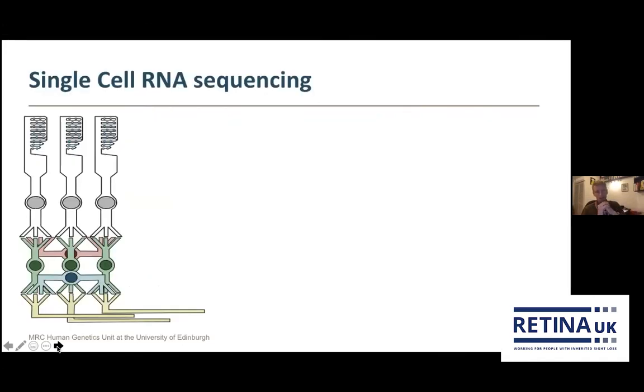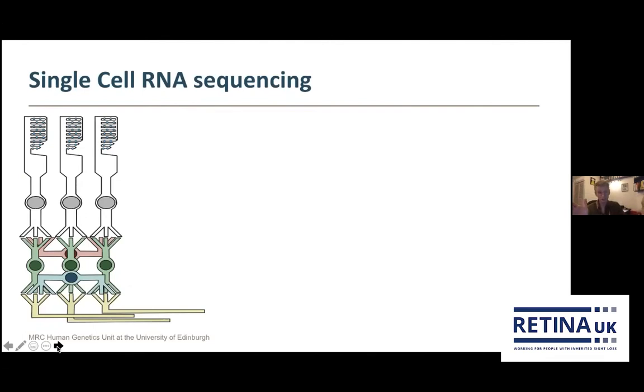So in order to better understand how cells are dying, we have been using a technique called single cell RNA sequencing. Now, sequencing is where we look at either the DNA or the RNA. If we're looking at the DNA, we sequence the DNA, and when I say sequence, what I mean is we read along the genetic code for all the different letters that make it up.